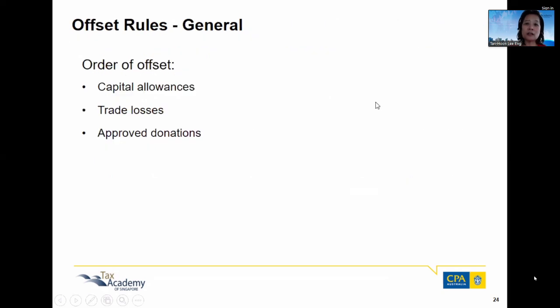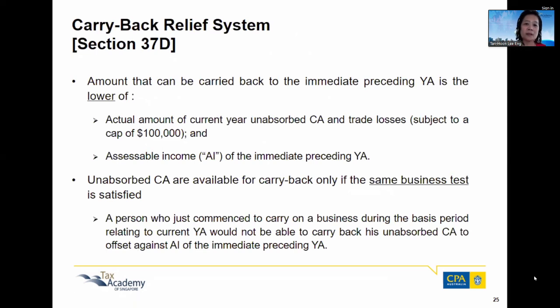Okay, the order of the deduction, the offset rules: first capital allowance, then trade losses, then approved donation. Okay, next one. So you can carry it forward, you can carry it back.